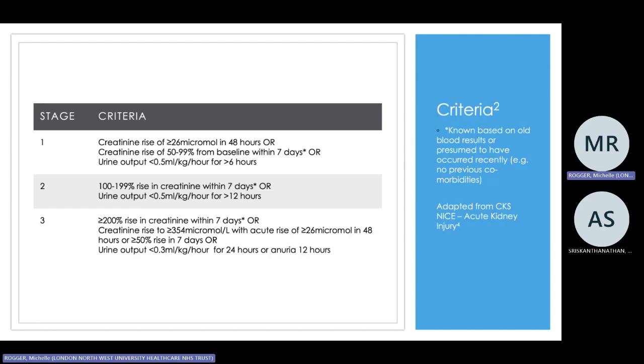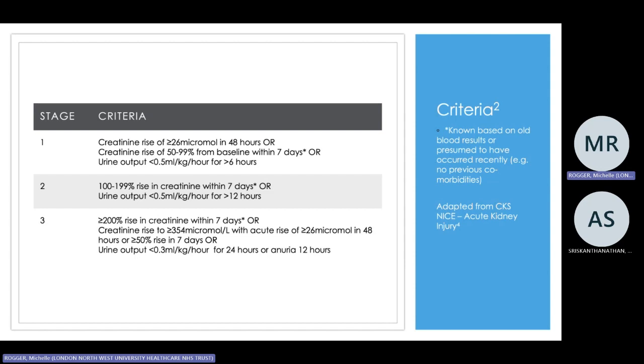It's a bit clunky, but you can look at what stage AKI is based on whether there's a creatinine rise, so an absolute number of more than 26 micromoles in 48 hours, or you can look at it as a percentage from their baseline if you've got one, within 7 days. Or, like I said, urine output. If someone's got reduced urine output, that can put them into an AKI, even if they might not have the creatinine rise that I just mentioned.